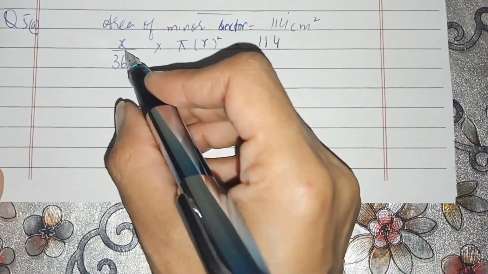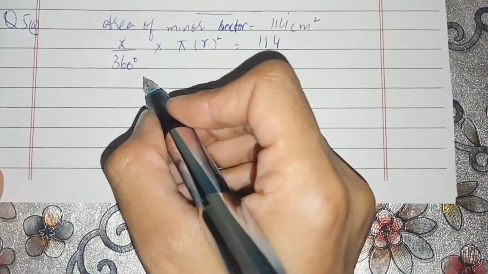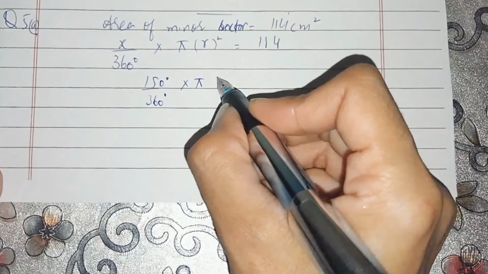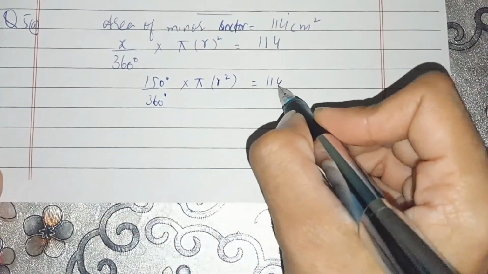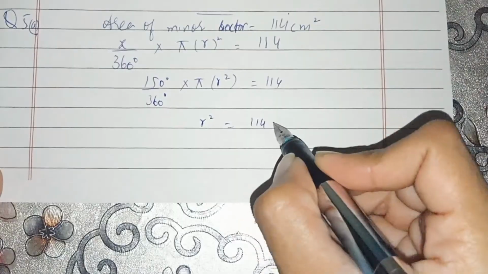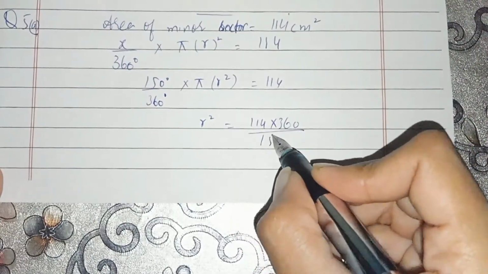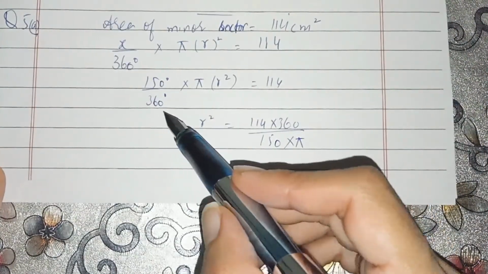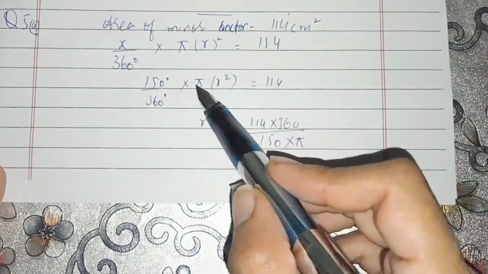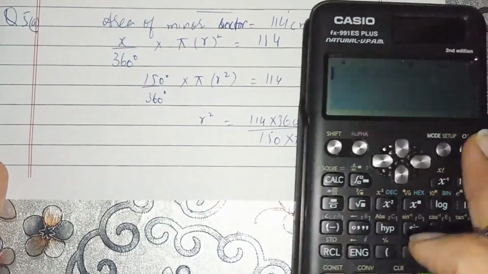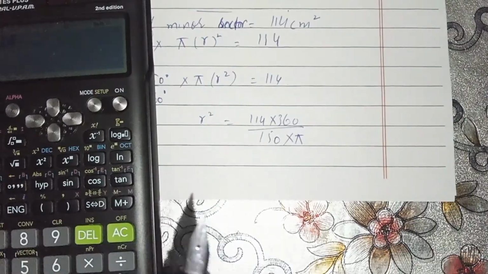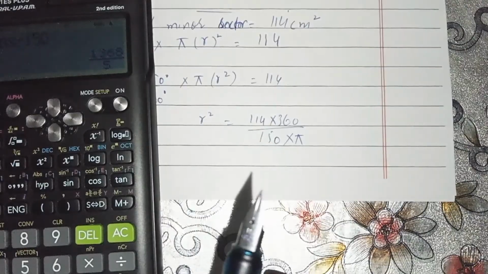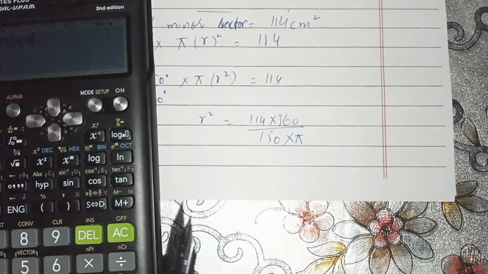The area is 114, and x is also given to us, which is 150 degree, so 150 degree over 360 degree multiply by pi r square equals 114. So r square is 114 multiplied by 360 divided by 150 and divided by pi. Cross multiplying it, 360 is multiplied by it and both values are divided, and you can solve it: 114 multiplied by 360 divided by 150 and divided by pi.